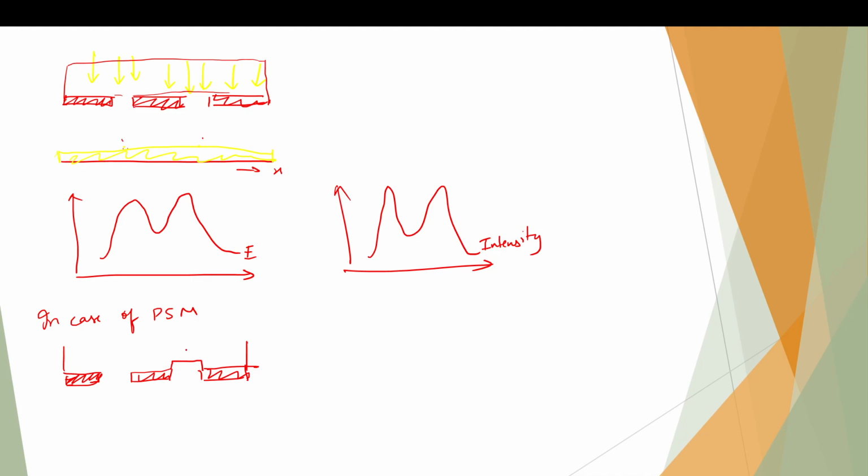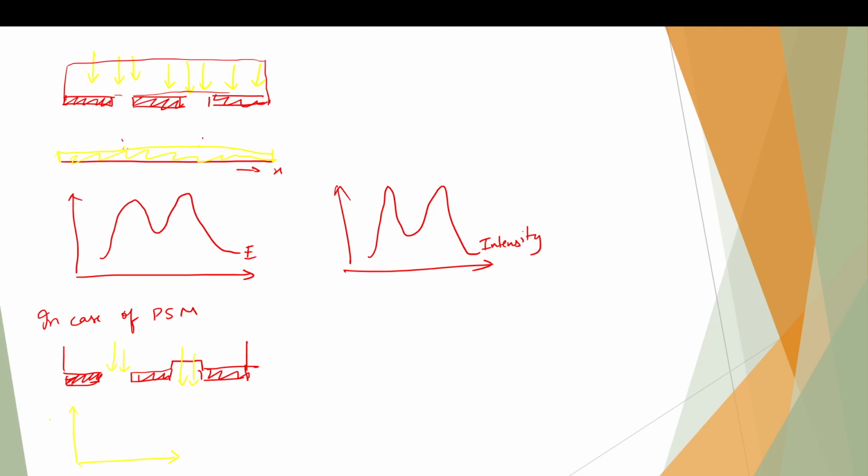So now the refractive index of glass is here and it's air here. So the refractive index has changed. Now this change in refractive index, or this etch depth, is chosen such that there is a 180-degree phase shift between the light that is coming from here and the light coming from here. So there is some light coming from here and there is some light coming from here, right? There is a 180-degree phase shift between the two.